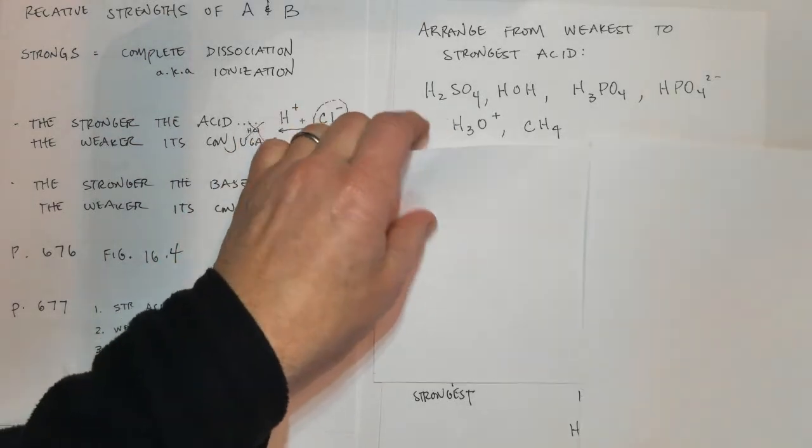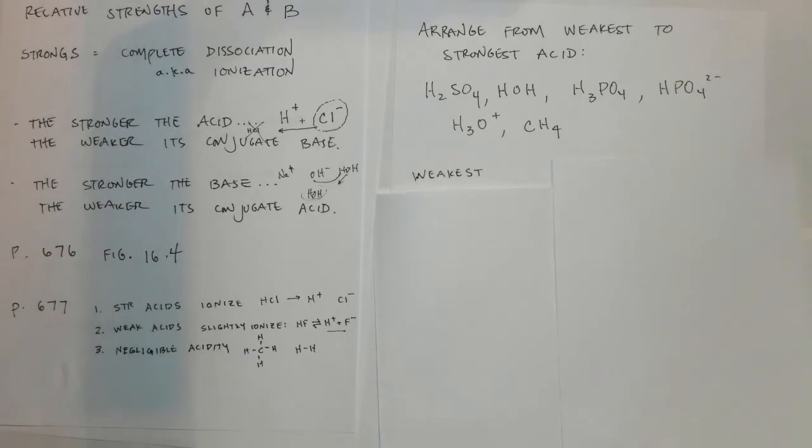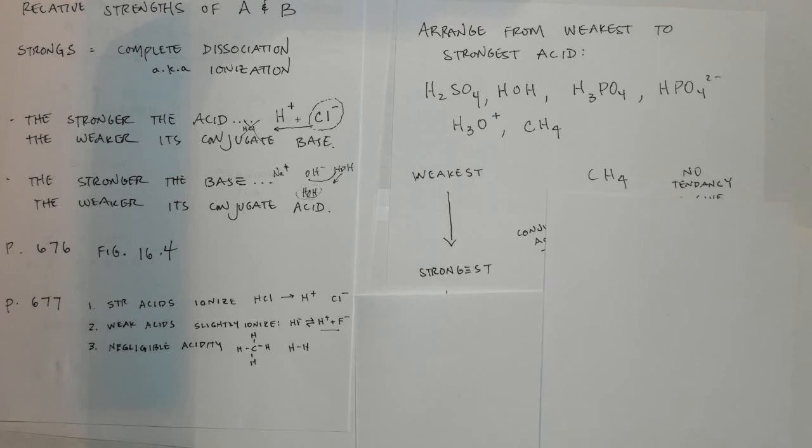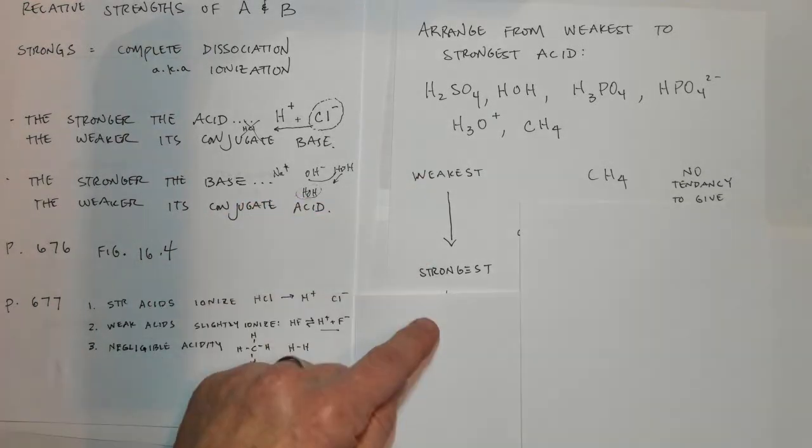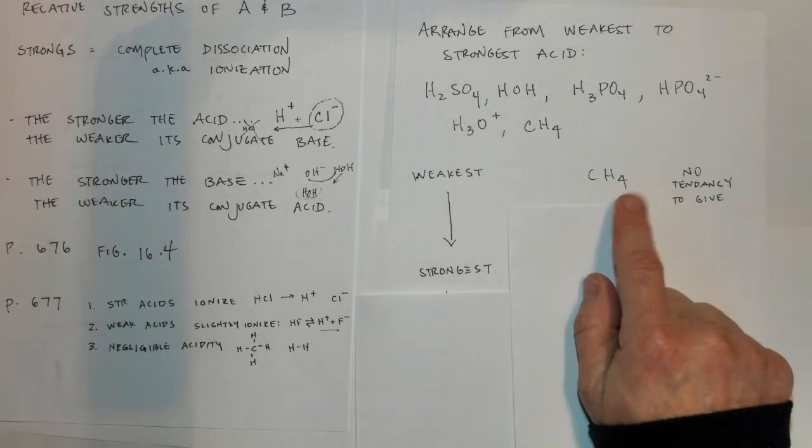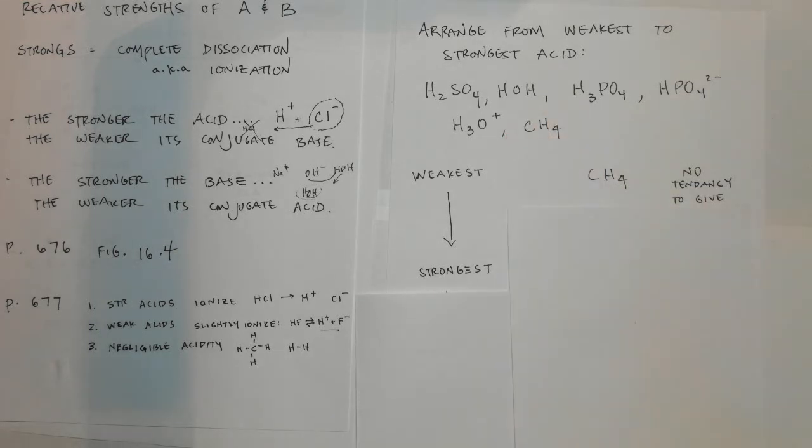So I can identify right now one super weak thing in there, something that doesn't want to act as an acid or a base, and it's very stable. We just talked about it as something with negligible acidity, and it has no tendency to give up H+. And so we're going to rank these from the weakest to the strongest. So this one has no tendency to give up hydrogens at all, and so it would be the weakest, so cross that guy off the list.